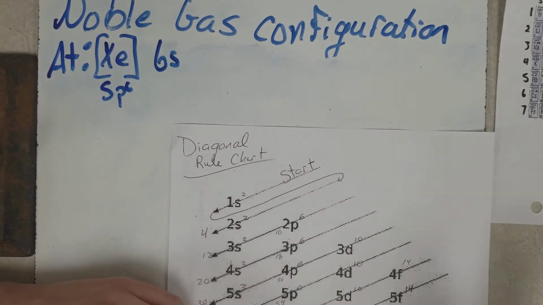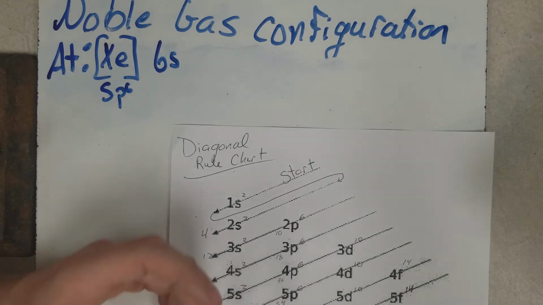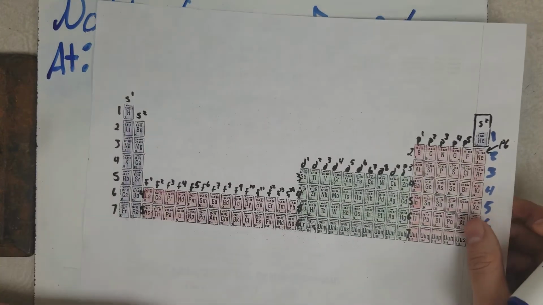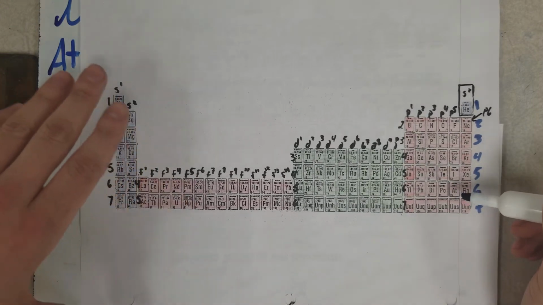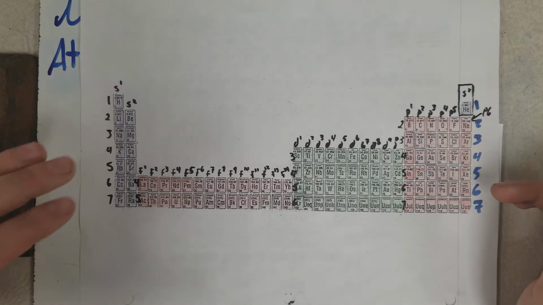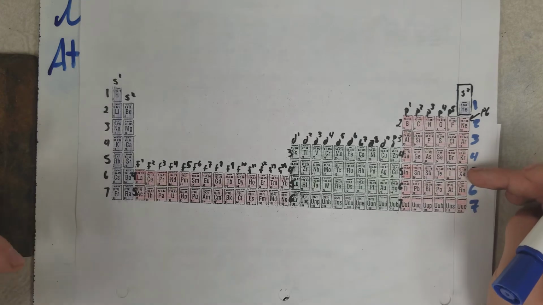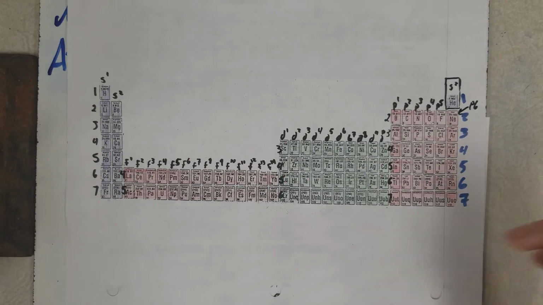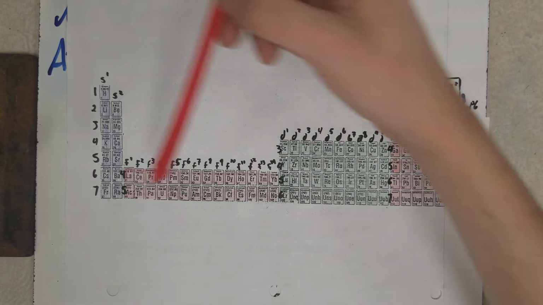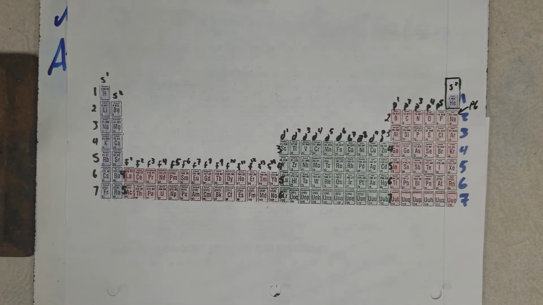To figure out how many electrons we will need, there's two different ways of doing this. You can either look at the atomic number of At, which is 85, and Xe, which is 54, and you can subtract them, or you can physically count how many elements are in between these two.